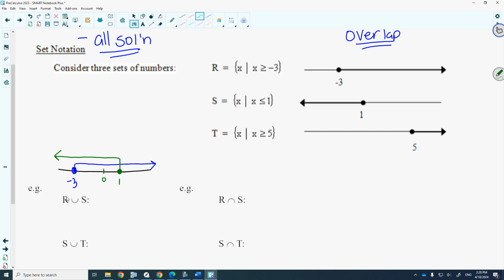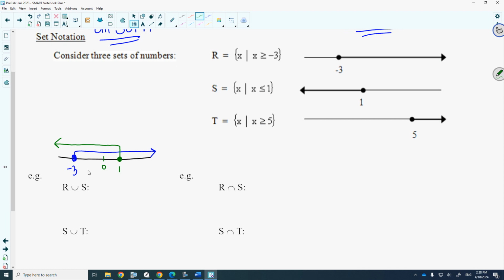R union S means, because they're using the union, all solutions. So this guy's going to -infinity, I include the overlap, and I include to infinity. All solutions, R union S, would be -infinity to infinity.